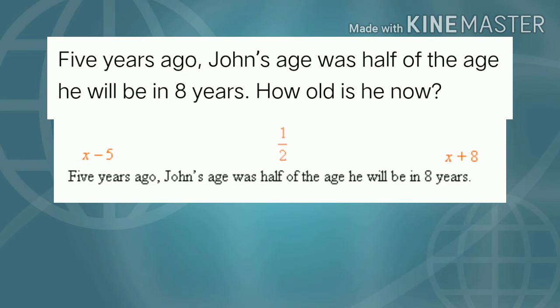The age of John 5 years ago is equal to 1/2 of the age of John in 8 years.